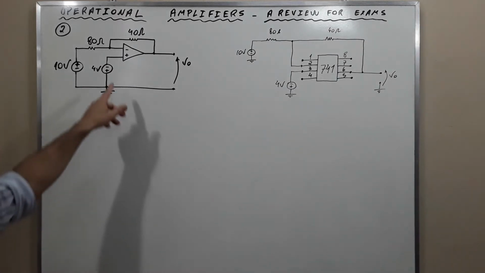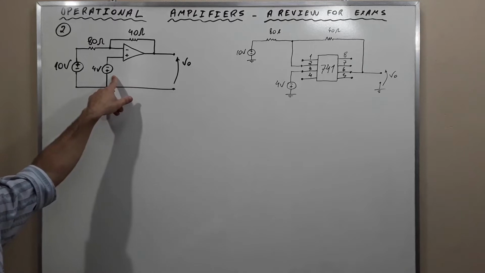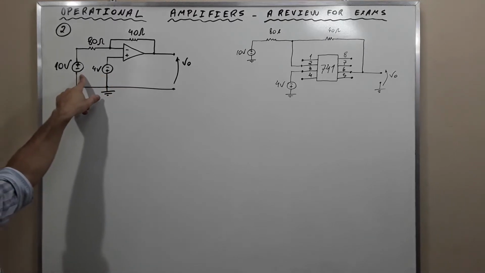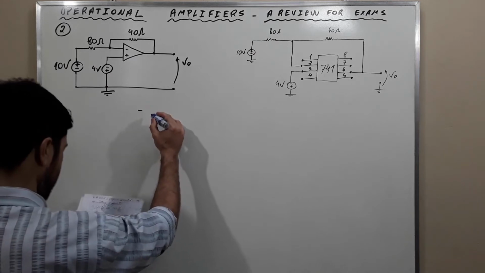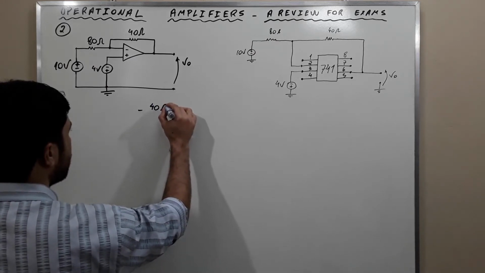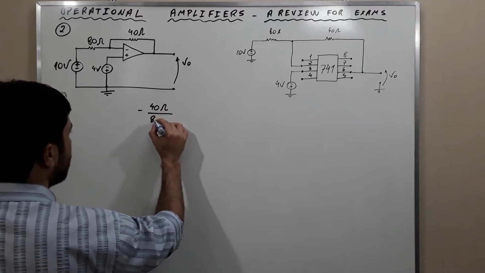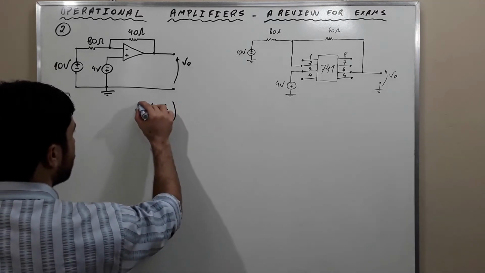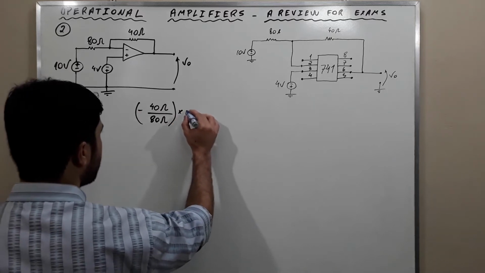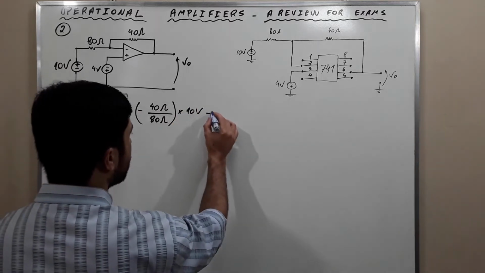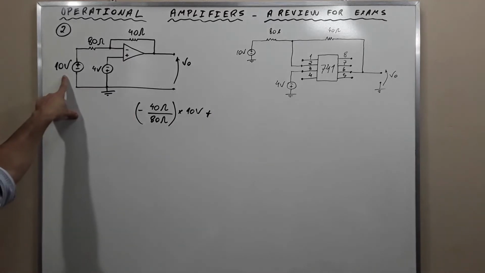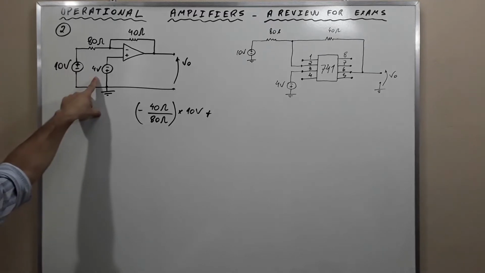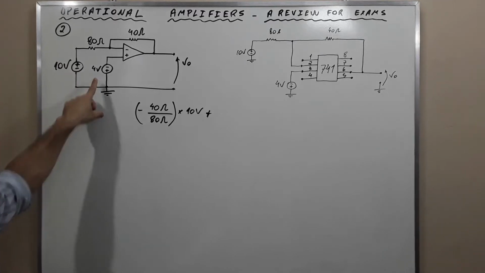Okay, setting this 4 volts voltage source at rest and only working with this 10 volts voltage source, the output voltage is... Now we are going to set this voltage source at rest and work only with this voltage source.